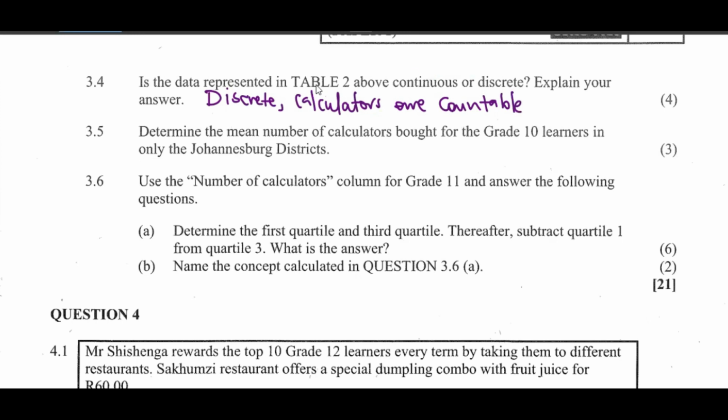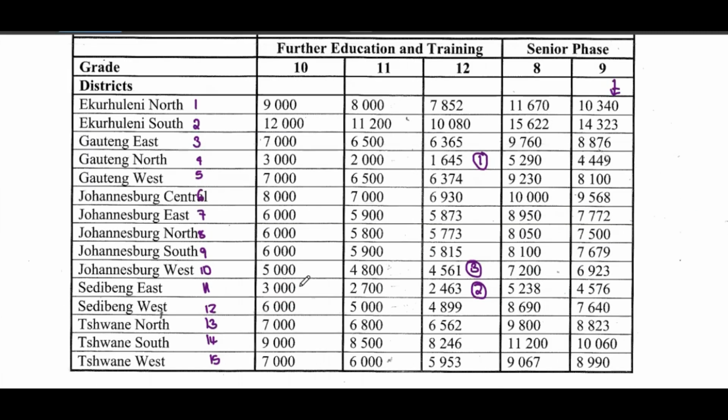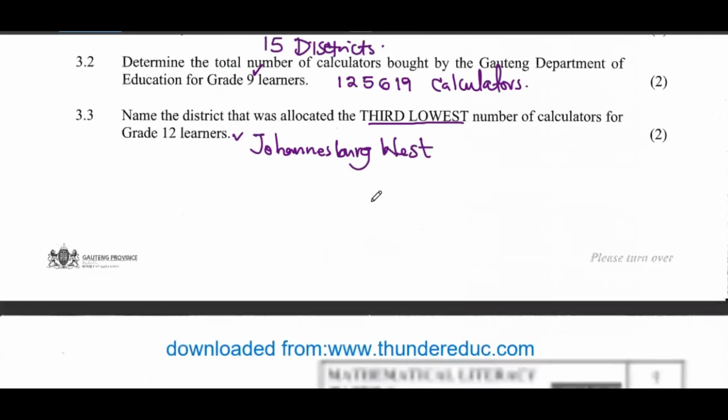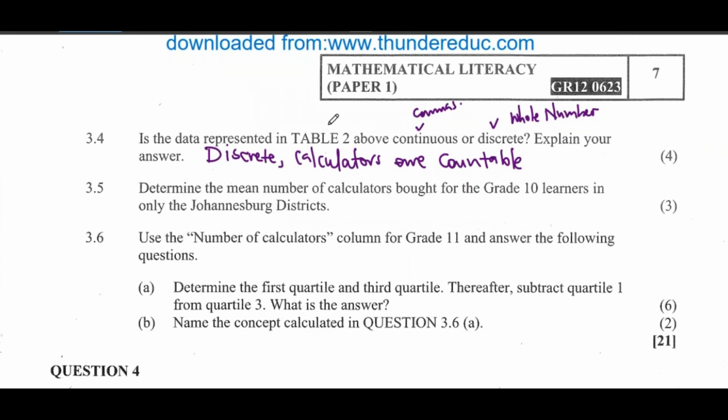For data to be continuous, it has to be measured, or the data will have commas. For it to be discrete, the data has to be in whole numbers, no commas. Here we have commas or decimals. So in our information that we have on top here, we have no commas. Look at all of these. These are all numbers together. So it's discrete because the calculators we are looking at are all whole numbers.